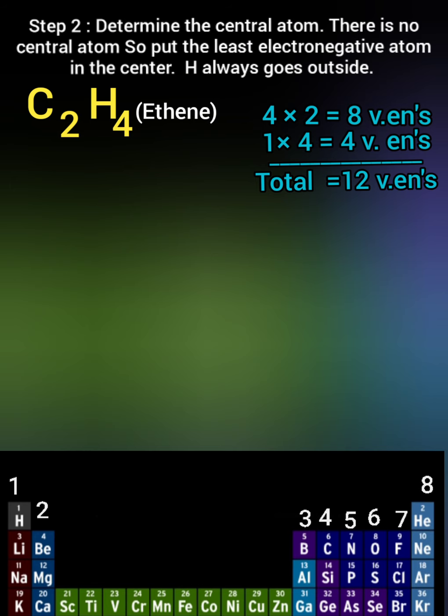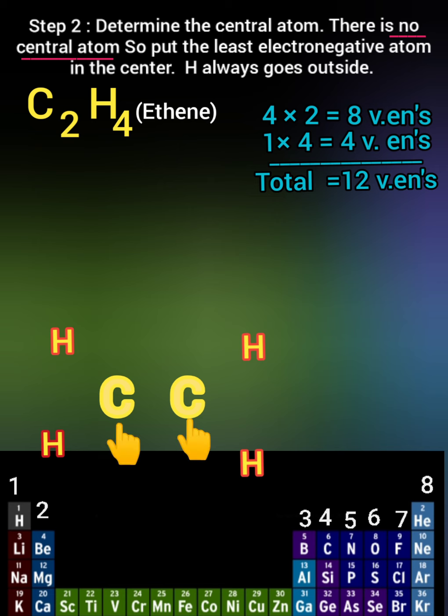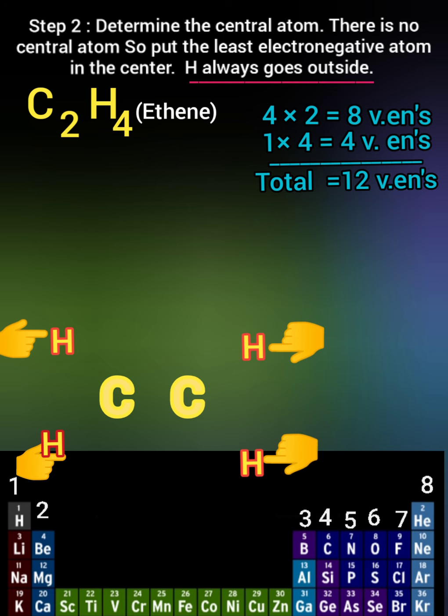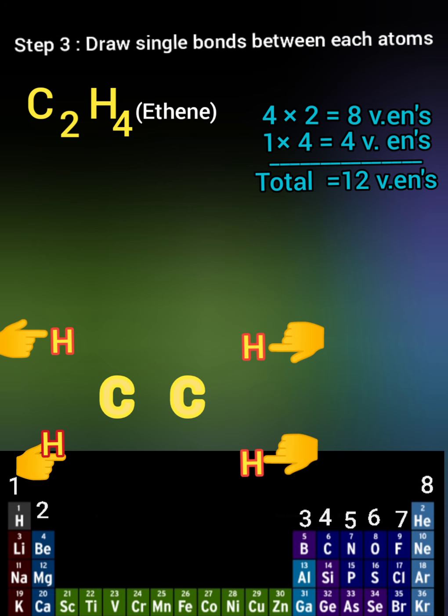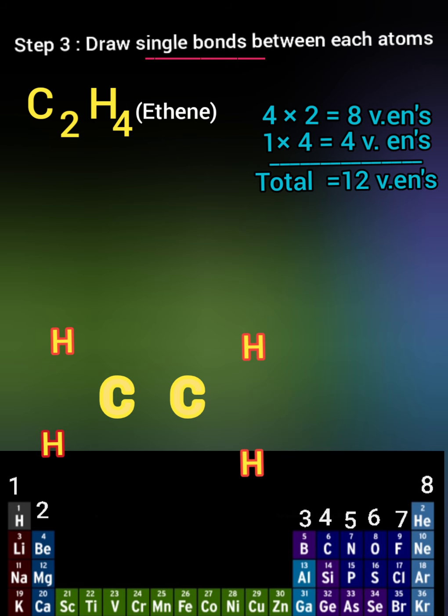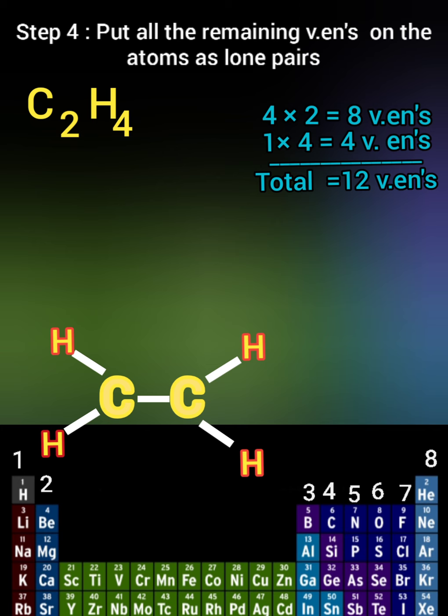Step 2. Determine the central atom. There is no single central atom, so put the least electronegative atom in the center. Hydrogen always goes outside. Step 3. Draw single bonds between each atom. Step 4. Put all the remaining valence electrons on the atoms as lone pairs. For the ethene molecule, the total valence electrons are 12.